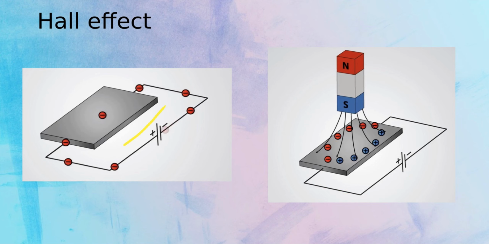Now in this case, we could also use a conductor instead of a semiconductor. However, in a semiconductor by default we have holes and electrons, and thus the output voltage or the potential difference that's being created is significantly high when we use a semiconductor.